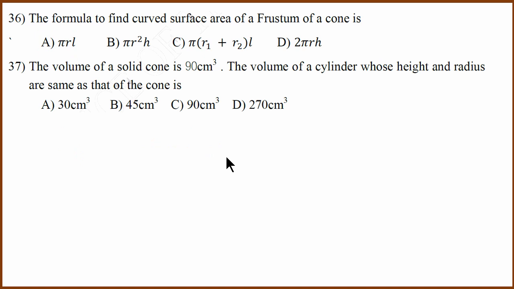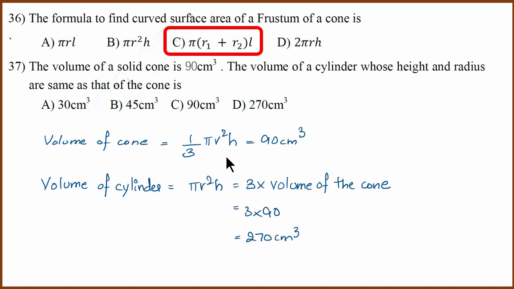36th question is a formula question. Frustum of a cone curved surface area is C. 37th question is a very, very common question. For a solid cone, the volume is given as 90 centimeter cube. There is a cylinder whose height and radius are the same as the cone. What is its volume? What is the formula for the volume of the cone? 1/3 pi r square h, that is 90 centimeter cube.